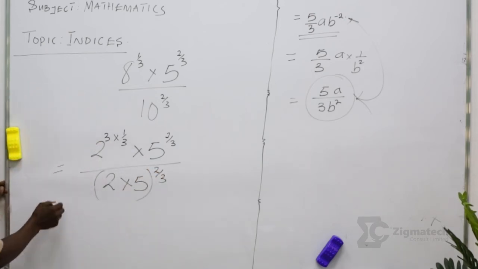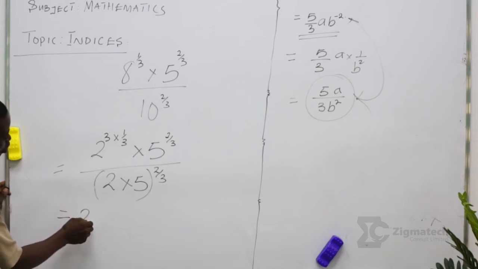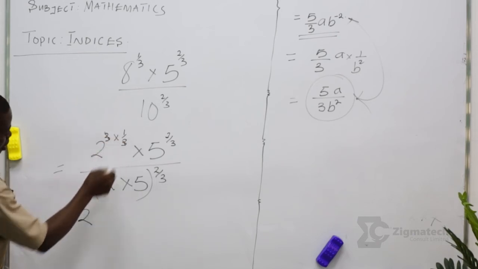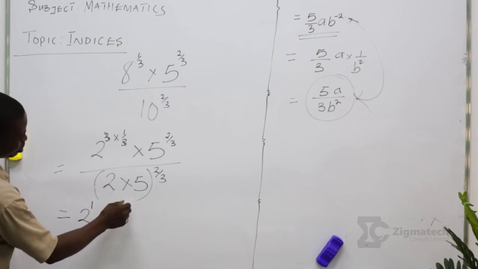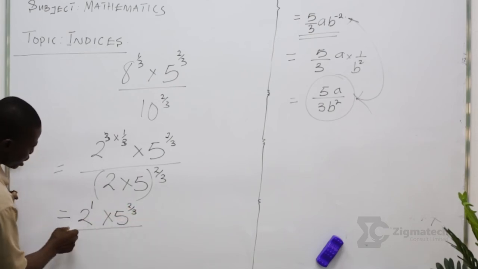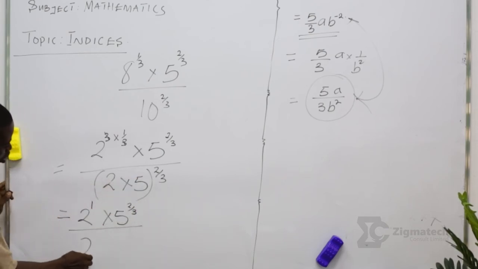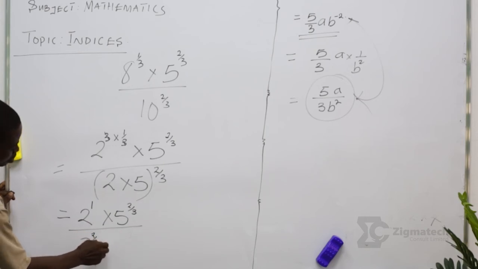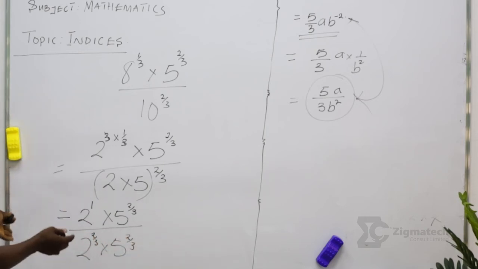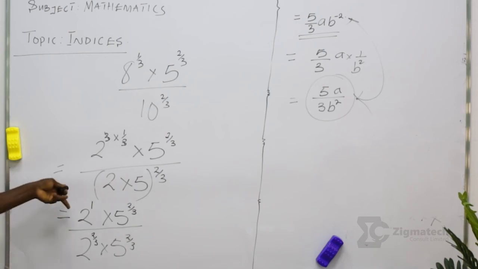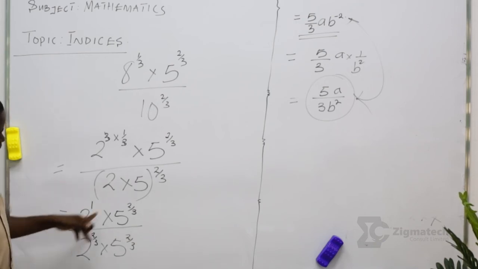The next step here is 2 raised to the power. This can go here. We're having 1 into this. Let us separate this, meaning 2 power 2 over 3, multiply by 5 raised to the power 2 over 3. You can see you have separated them, meaning we have a uniform number here, this and this, this and this.